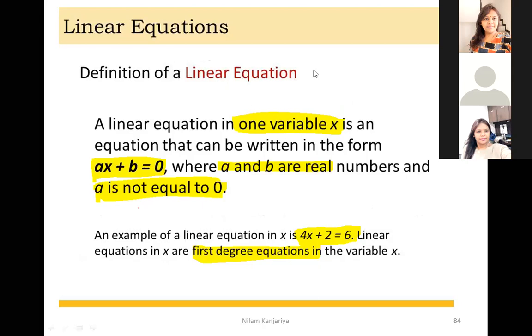It has only one variable, a and b are never 0, and the power of the x variable is always 1. Linear means the power of the x variable is always 1.